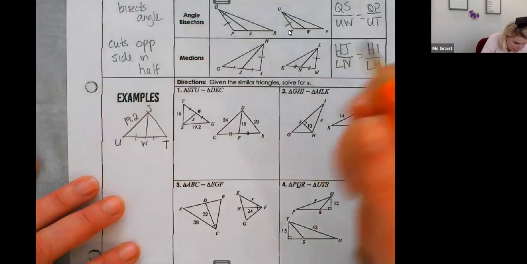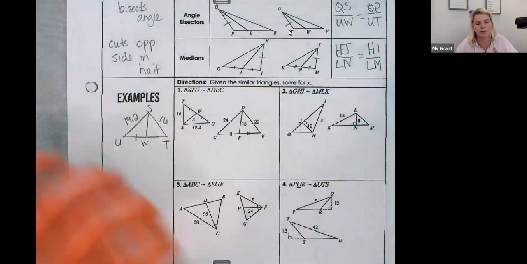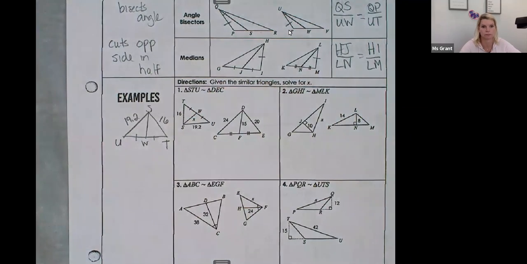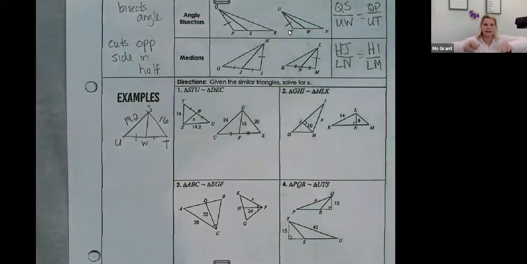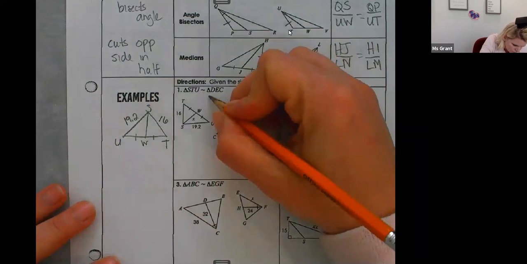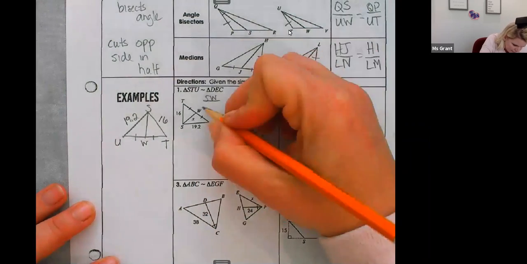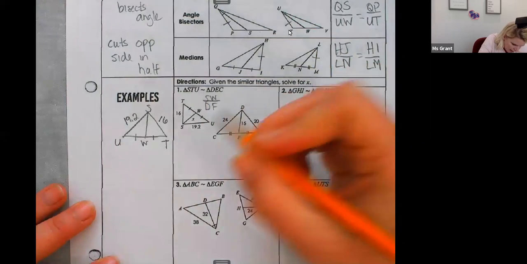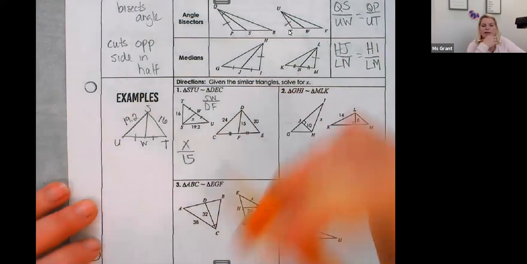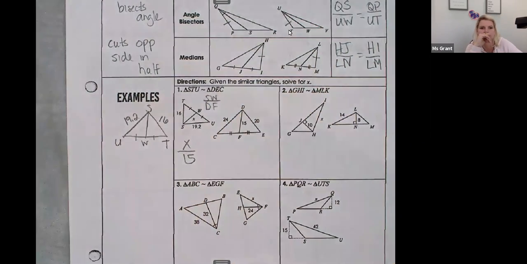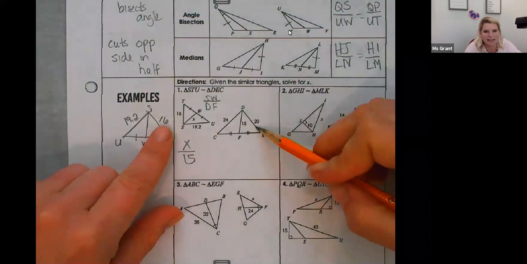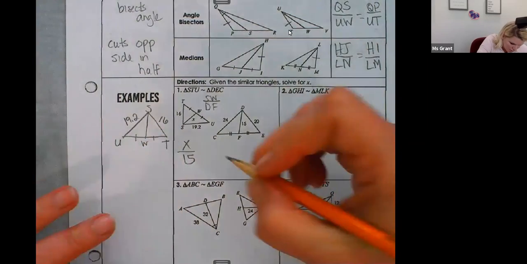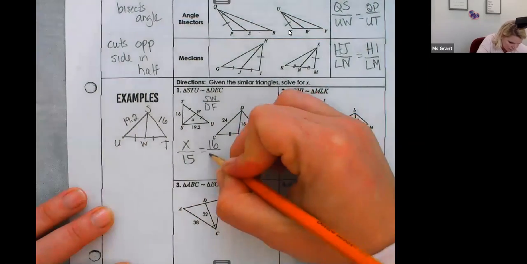You don't have to draw them like this if you don't want to redraw it, but I think redrawing is really helpful. Because now I'm going to compare the median line, SW over DF, which is, by the way, X over 15, right? And then either side. Let's do the 16 and 20, because I don't want to deal with the decimal. 16 over 20, the side to the side.